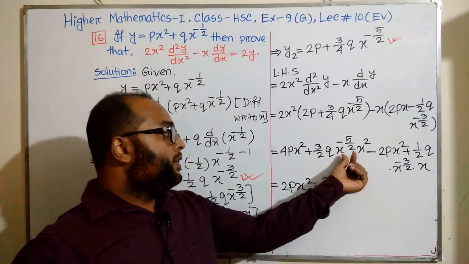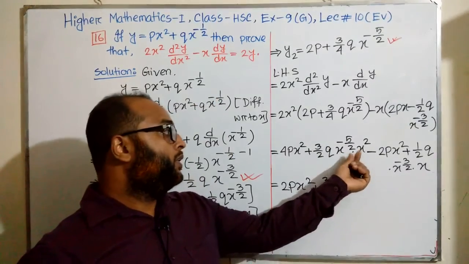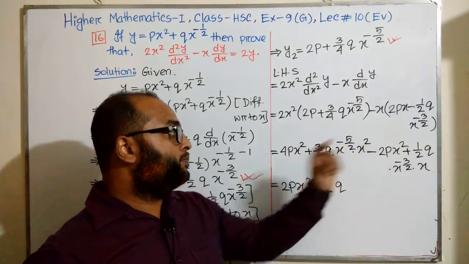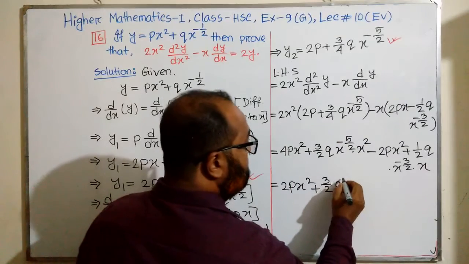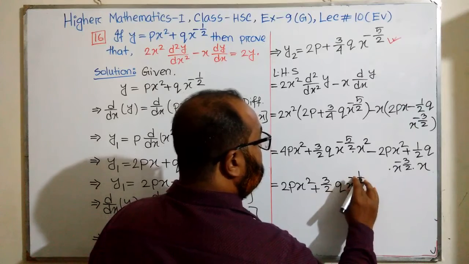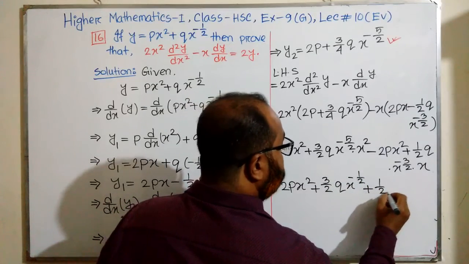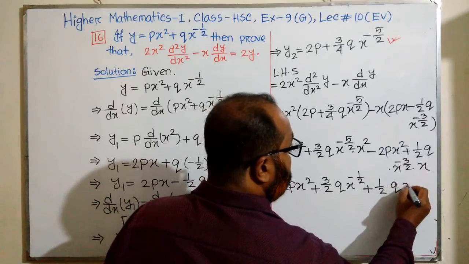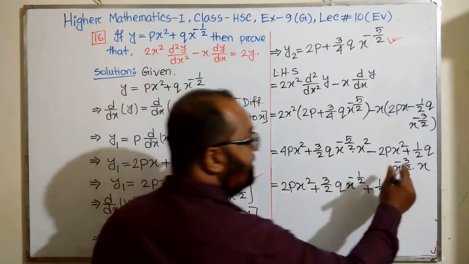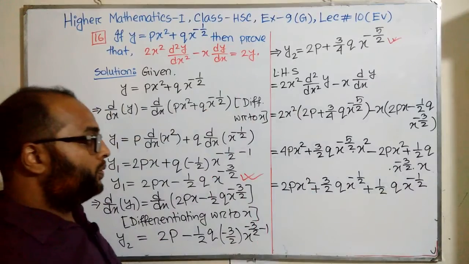Here these two expressions have the same base, so the powers will add, that means minus 5 by 2 plus 2, this remains x power minus 1 by 2, plus half q x power, here minus 3 by 2 and x power 1, this can be written as minus 1 by 2.